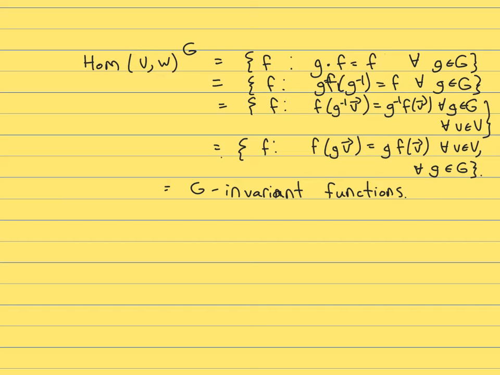So we see then, in order to compute the dimension of the space of G invariant functions, it's enough to compute the trace of this corresponding linear operator, where here we're looking at g as the linear operator from this space of linear transformations to itself.